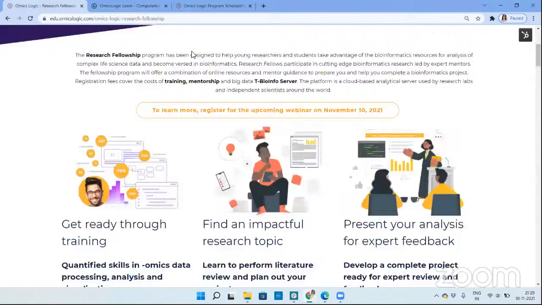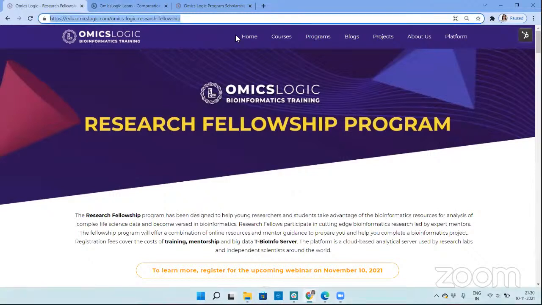Now I'll be taking you all through the registration process, and many of you asked about the scholarships. So let's now discuss how you proceed further to enroll yourself for this very exciting research fellowship program and get started with your research project.